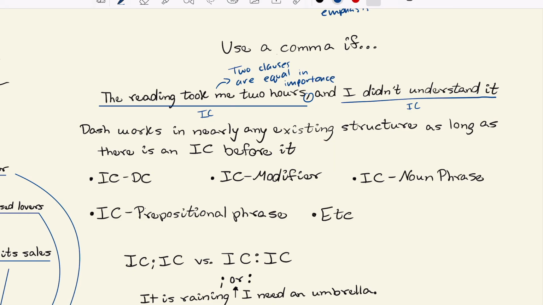When should you use a dash? Dashes work in nearly any existing structure as long as there is an independent clause before it. And so you can use a dash in between an independent clause and a dependent clause, an independent clause and a modifier, independent clause and a noun phrase, independent clause and prepositional phrase, and etc.